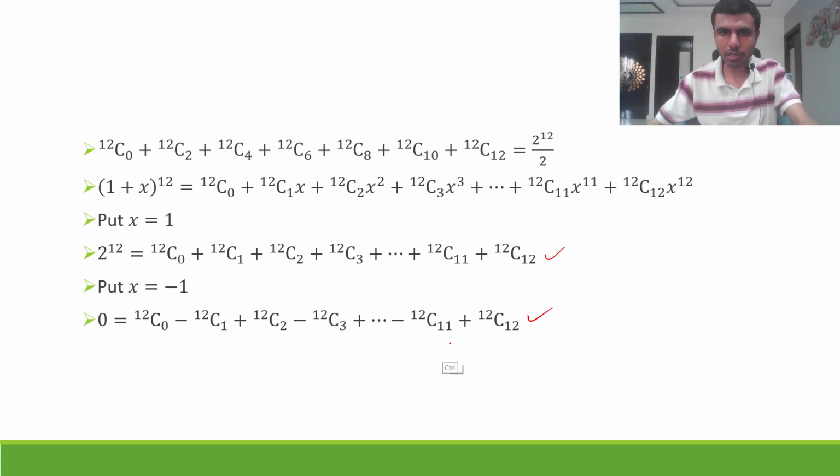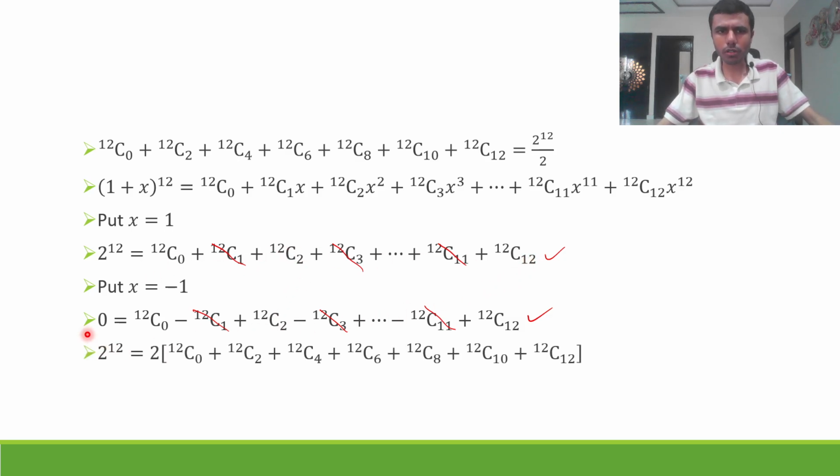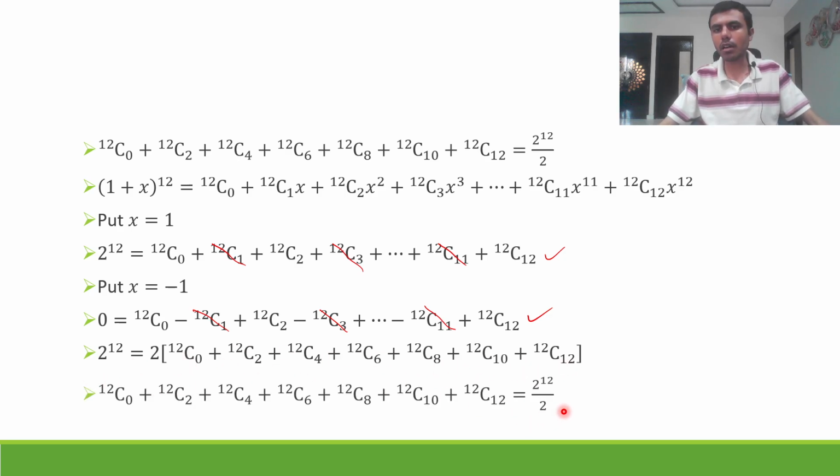If you add these two, the odd terms get cancelled. The terms 12c0 plus 12c0 come twice, so it is 2 into 12c0, and again all of the even terms come twice. So 2 power 12 is equal to 2 into this sum. So this sum is nothing but 2 power 12 by 2. I hope it's clear.